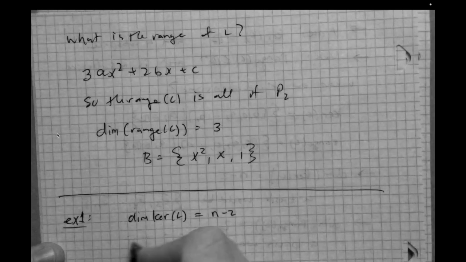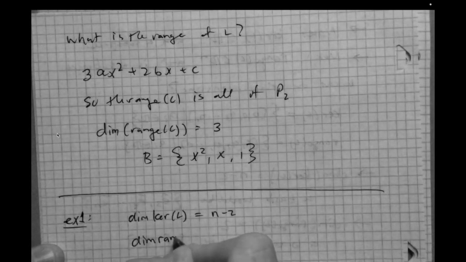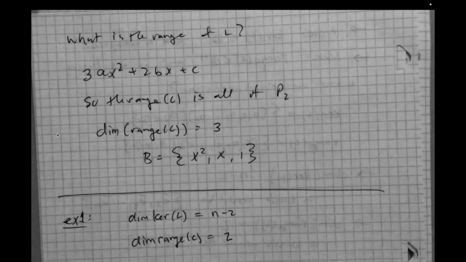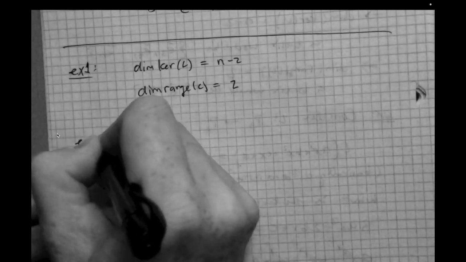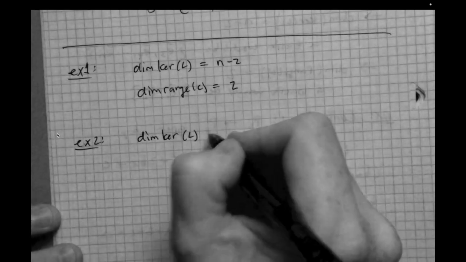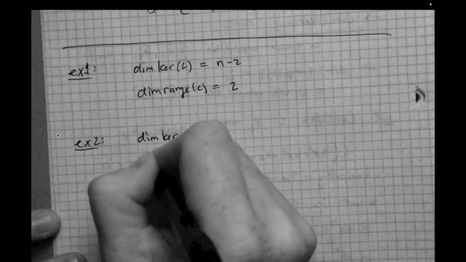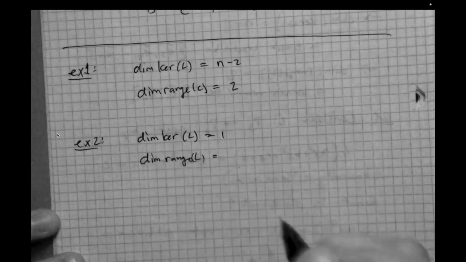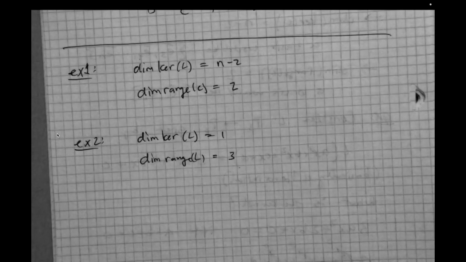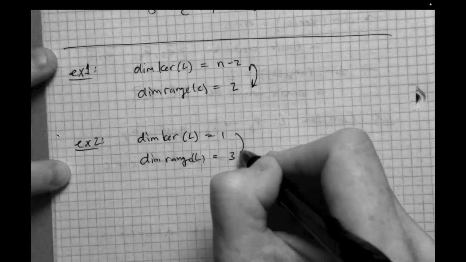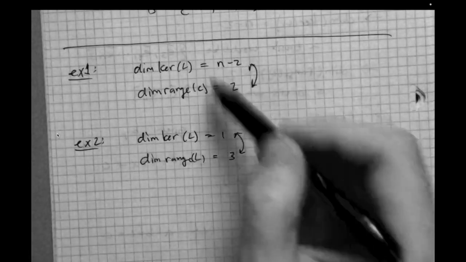And the dimension of the range was 2. And in the example we just saw, the dimension of the kernel was 1, and the dimension of the range was 3.